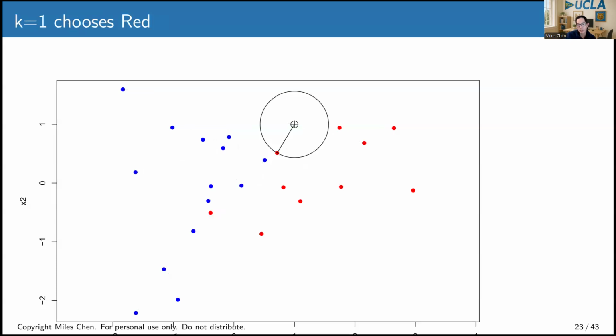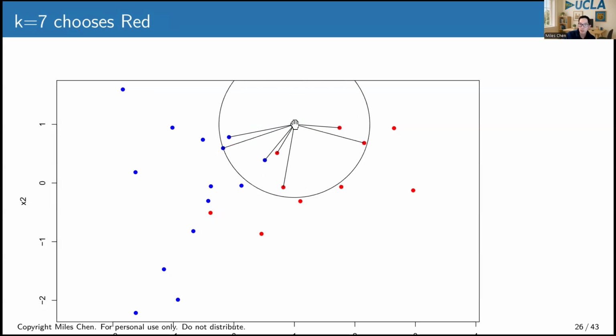If we look at the one nearest neighbor, it would get voted as red. With three nearest neighbors, we have two red and one blue, so it still gets voted as red. With five nearest neighbors, we have three red and two blue, so it still gets voted as red. And with seven, we have four red and three blue, and so it still gets voted as red.